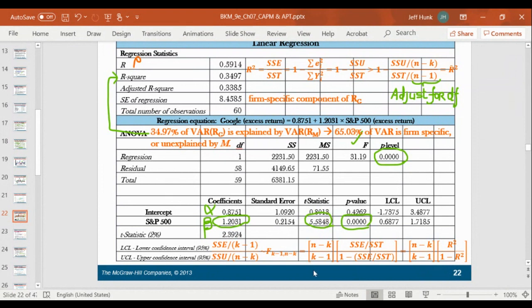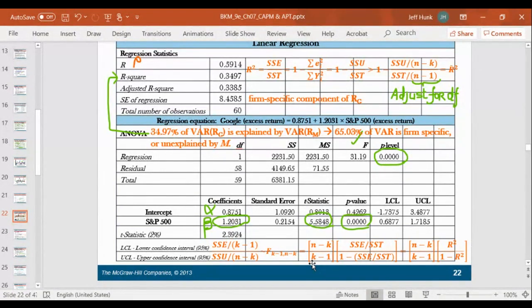And I've been telling you that the rule of thumb or threshold for the t-value is 2, and greater than 2. If the t-value is greater than 2, that is the evidence of a robust estimation.